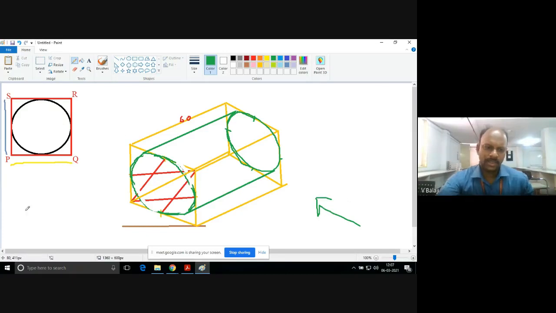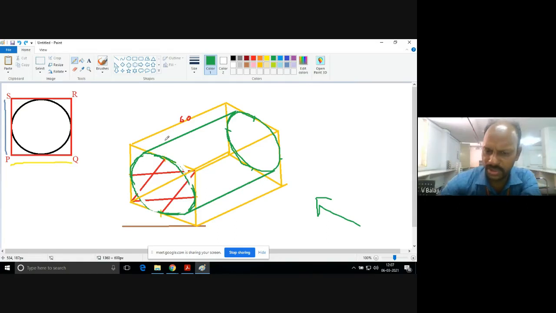Earlier we have seen the left isometric view. So both the ways are correct. That means we are representing the cylinder as if it is sleeping on the ground. Am I right? So you follow this method, okay? This method or that method, both are correct.